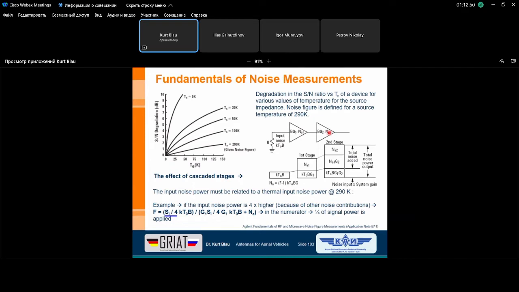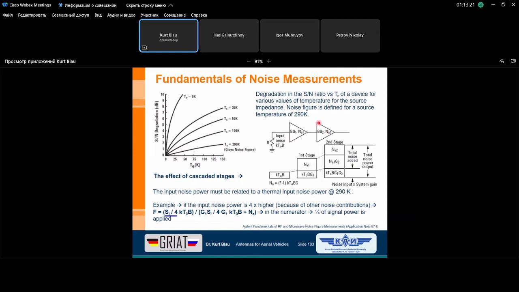The same is valid for the second stage. Okay, we have here two stages of an amplifier cascade. The first amplifier has a bandwidth, normally I could write bandwidth 1, has the power amplification G1 and produces inside the added noise power N added 1.